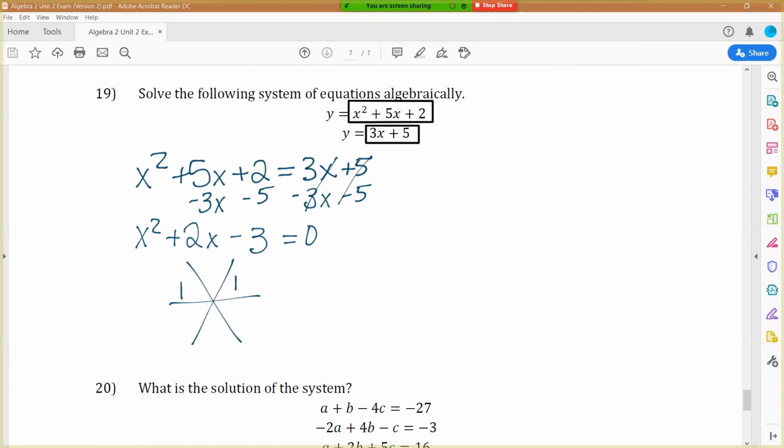So a is 1, so I'm putting 1 in the top left, top right, 2 in the bottom middle, and 1 times negative 3 in the top middle, which is negative 3. Two numbers that multiply to give me negative 3 and add to give me 2: 3 and negative 1.